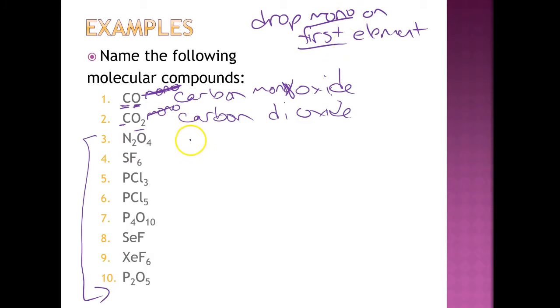So if I was looking at this one and I wrote nitrogen oxide, I have to keep the di, because the mono is implied, everything else is not. So dinitrogen tetroxide, and again, if you wanted to drop that A to make it a little simpler, that'd be fine. So it's dinitrogen tetroxide. Okay, this is one of the major components of smog in LA and Denver, if you ever see that brown cloud hanging over.